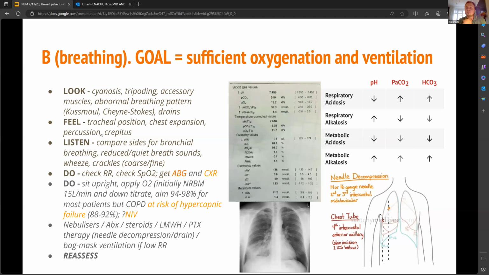Okay, well, the trachea seems to be deviated to one side. However, the other side is completely silent. Okay, is that a tension pneumothorax, which is pushing the lungs away? Or again, you listen, you can't really hear much air entry, but the trachea is deviated to the same side. So is there a lobar collapse, which is causing my patient to be unwell?